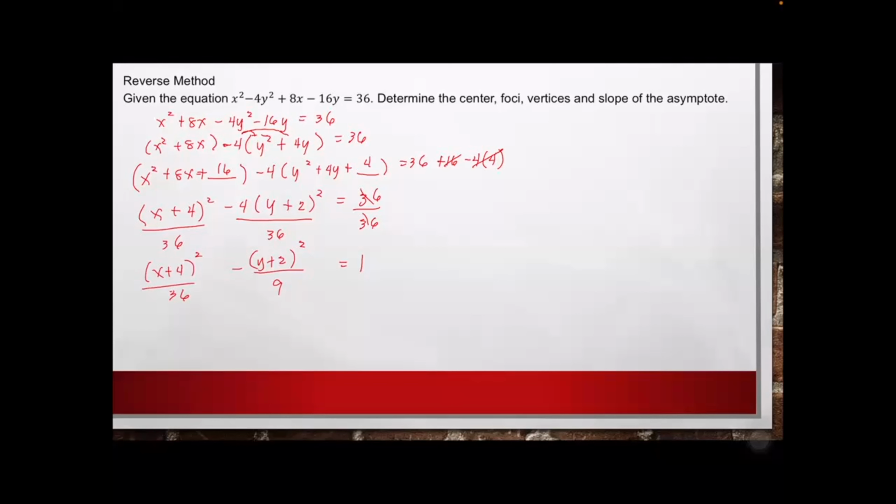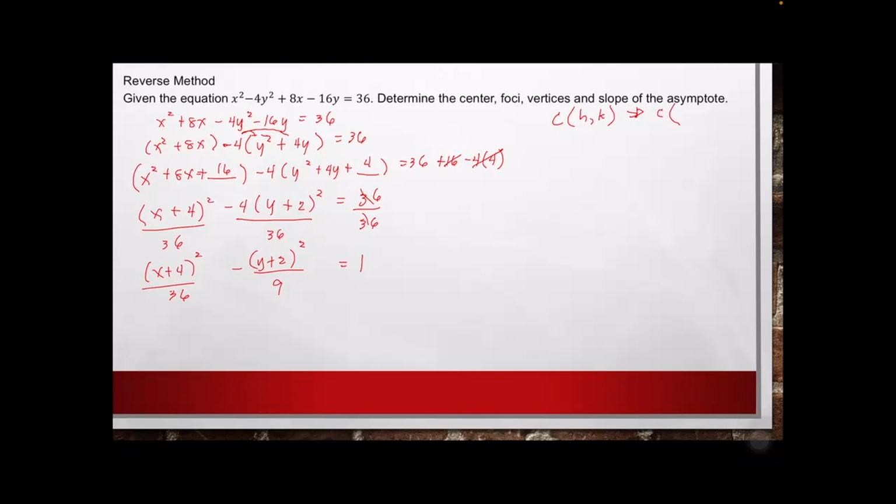Now, what will be the value of our c? C is equal to h and k. So, c is equal to, Cedric. What's our c?